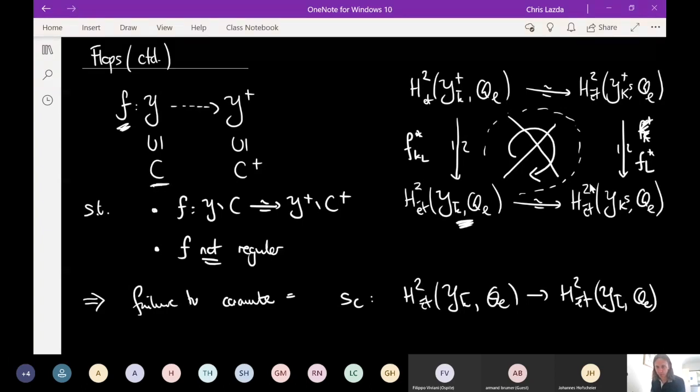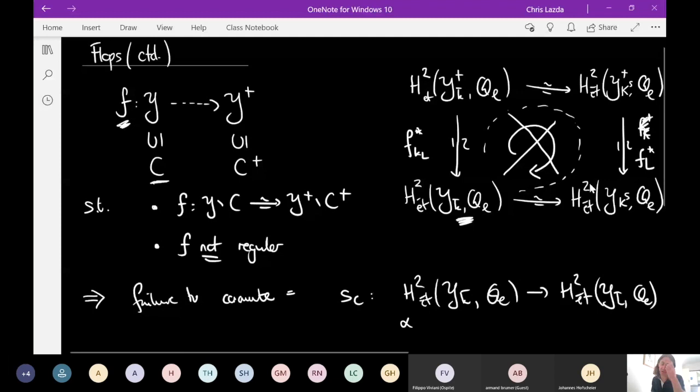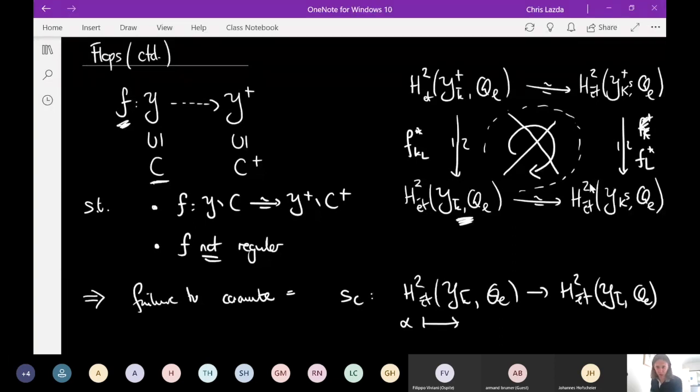So this is the second cohomology of the surface, so it has an actual intersection pairing on it. And so the composite map all around this square is reflection in the cohomology class of C.